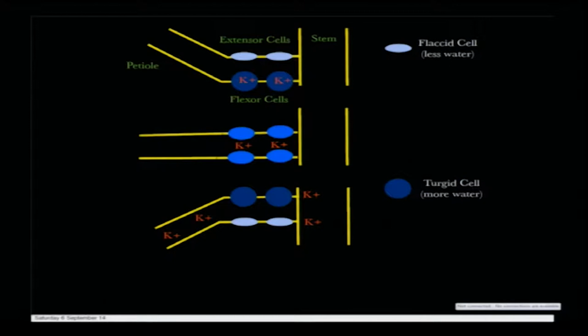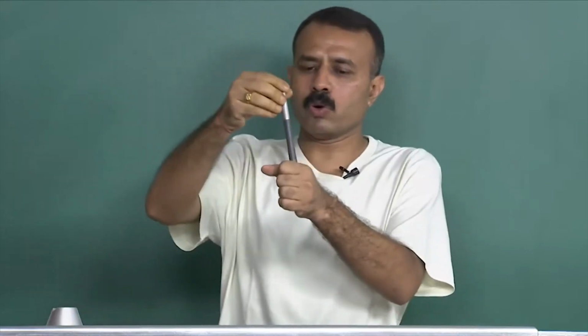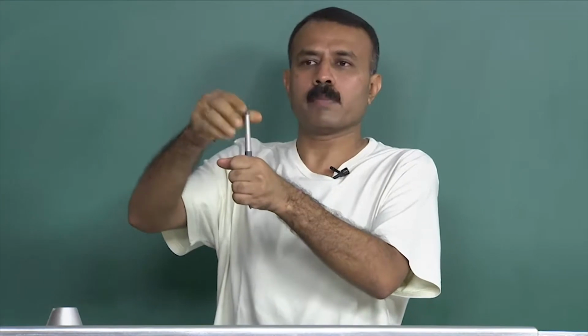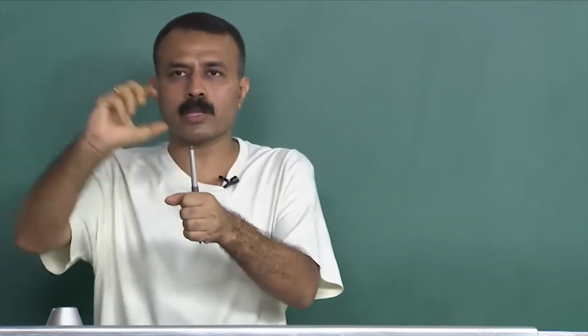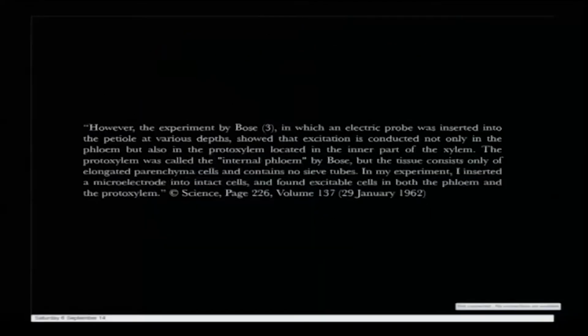Say for example, suppose this is your electric probe. You go up to this depth, you go up to this depth, you can go even further. Based on the depth, you are measuring the electrical fluxes. This is exactly what Bose was doing at various depths, and he showed that excitation is conducted not only in the phloem, but also in the protoxylem located in the inner part of the xylem.